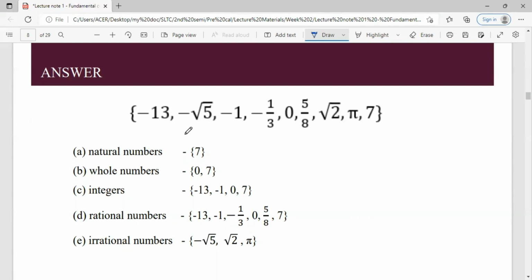The value of square root of 5 is approximately equal to 2.360679777. Likewise, we are unable to find a pattern. Therefore, minus square root 5 is also an irrational number. And we already know that square root 2 and pi are also irrational numbers, right? Okay, let's move to the next part.